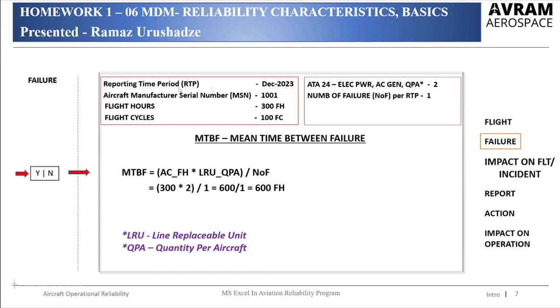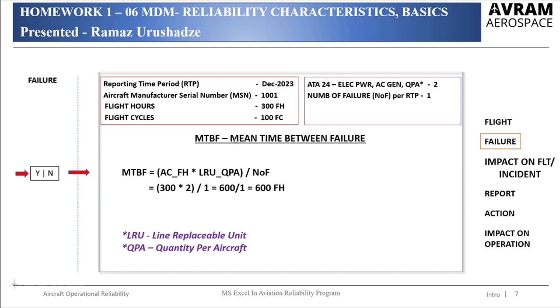Let's say on our MSN 1001 installed 2 AC generators. Quantity per aircraft equals 2. And in December 2023, 1 AC generator failed.